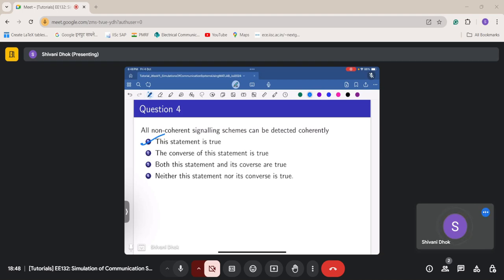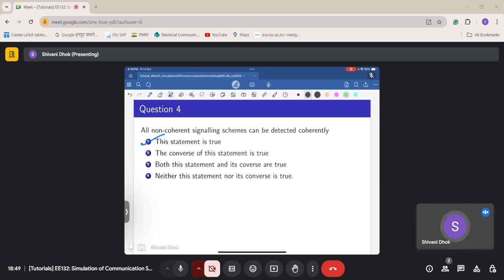However, if I have a coherent detection scheme only, which definitely requires me to know the phase information at least, then in that situation I can't use non-coherent detection algorithms to do the same. A simple example is phase shift keying, which we'll see in one of the questions.